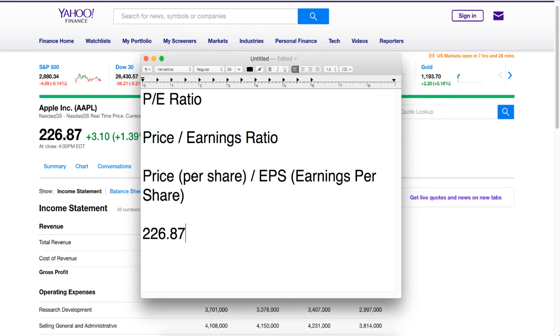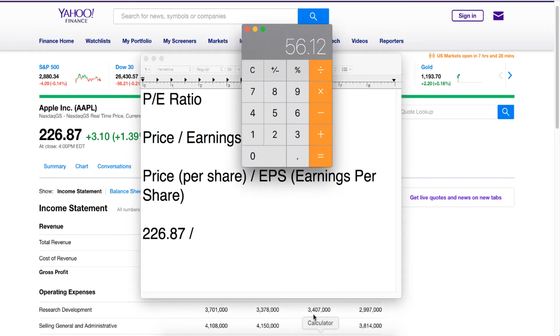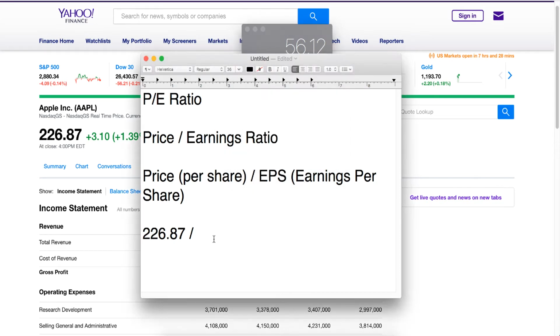So the price, we know, is 226.87 today. That's the current price. And obviously that changes. And we also know the earnings because we just calculated it. It was just adding all the numbers together. So it's the last 4 quarters, so it's $56.12 billion.